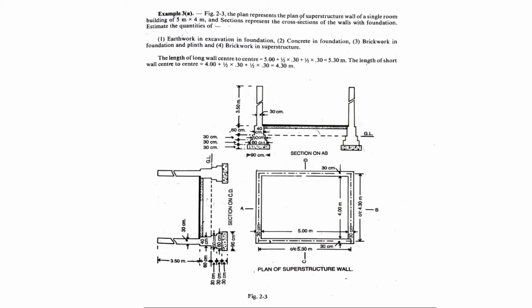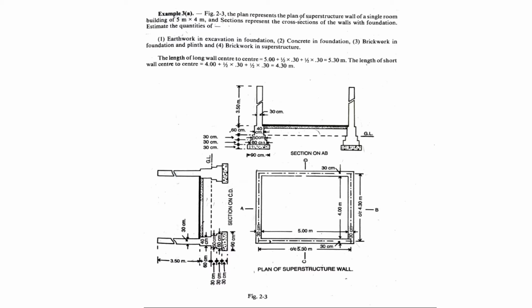First of all, the length of long wall center to center is equal to 5 meter plus 0.3 by 2 for the left side wall as well as 0.3 by 2 for the right side wall, so that the center to center distance between the walls is 5.3 meter for long wall.